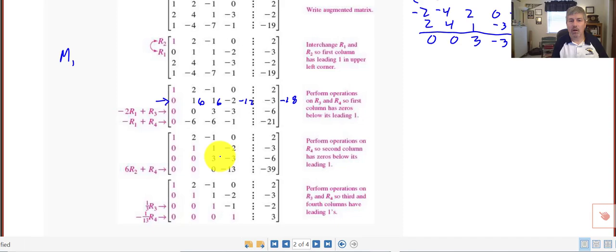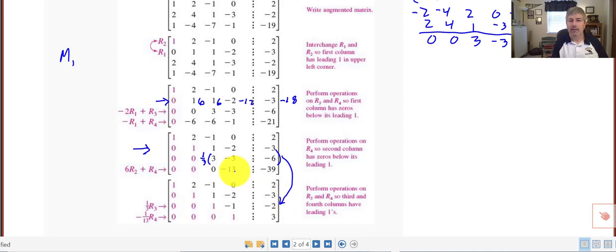I know these aren't 1s, but take a look at this particular matrix: we have 3, -3, and -6. These are all multiples of 3. So you can see in our instructions below, we're going to take 1/3 of this row. We multiply all this by 1/3, and we get 1, -1, and -2.